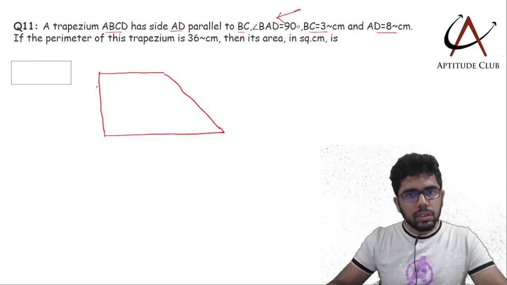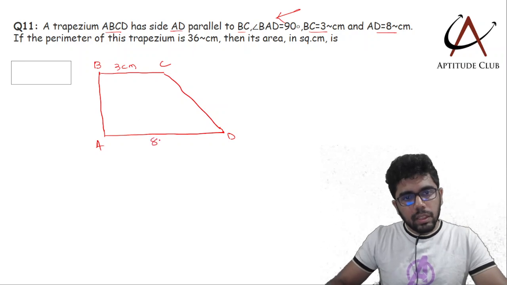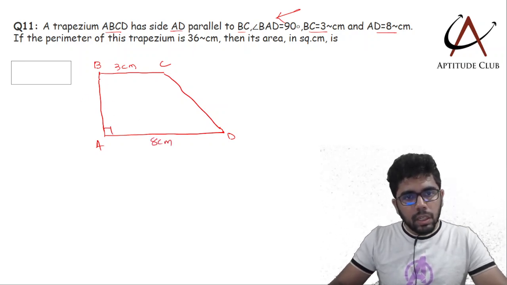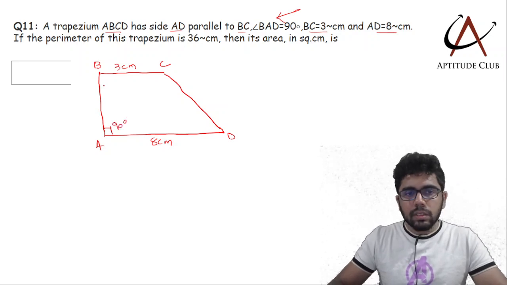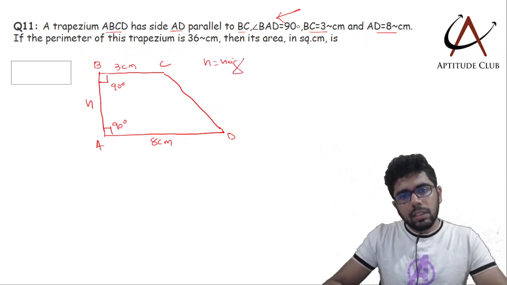Multiple ways to solve this. BC is 3 cm and AD is 8 cm, and this angle BAD is 90 degrees, so this will be 90 degrees also. So I can write H is equal to the height, which is basically BA.